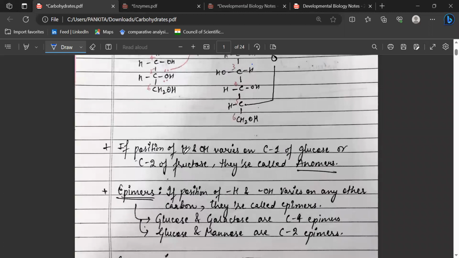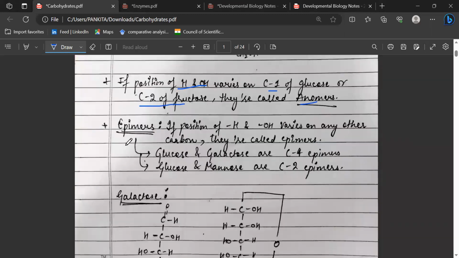So basically, when the position of H and OH varies on C1, the anomeric carbon of glucose, or C2 carbon of fructose, they are known as anomers. Then come epimers. Epimers are when the position of H and OH varies on any other carbon.